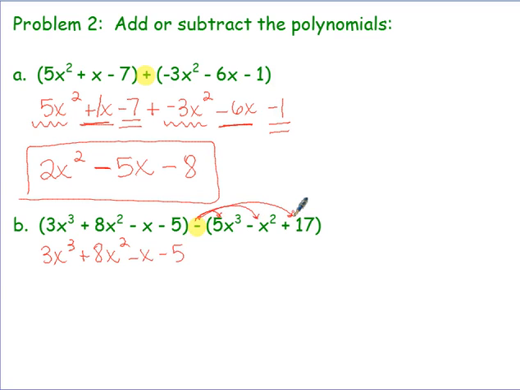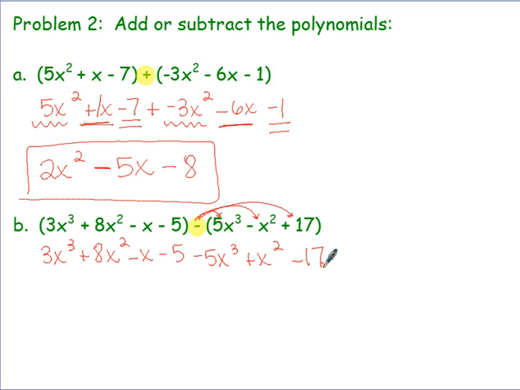All it's going to do is make them the opposite. The opposite of positive 5 is negative 5x to the third. The opposite of negative x squared is positive x squared. And the opposite of positive 17 is negative 17. So just remember, distributing the negative means do the opposite.